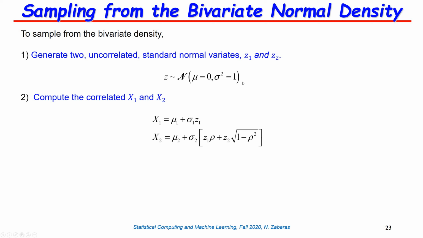Okay, so before we said that we can sample from the standard Gaussian, that's the univariate standard Gaussian. We can sample with a Box-Muller algorithm.